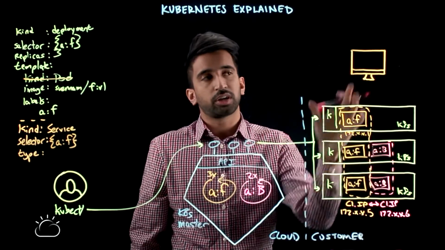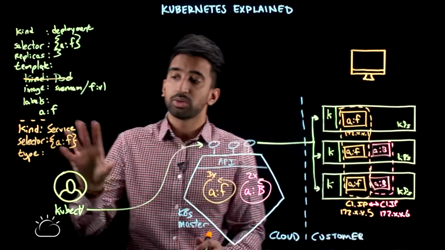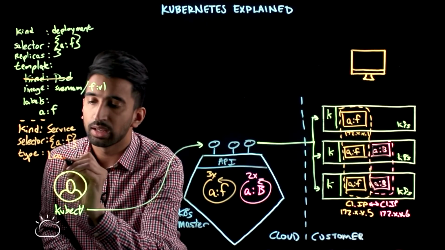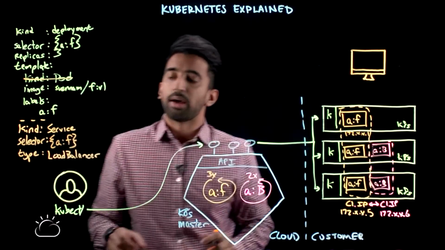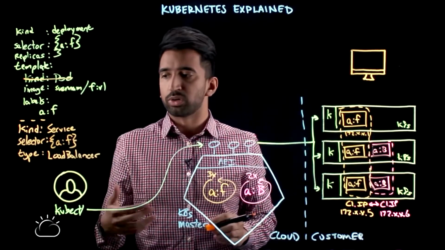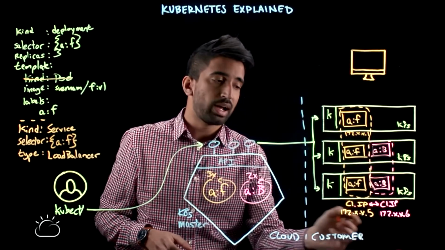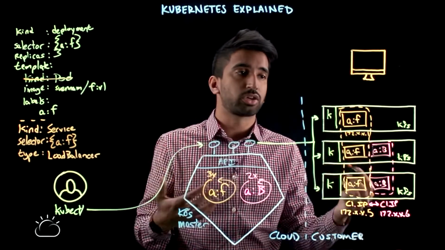How about when we want to start exposing our front end to our end users? To do that, what we'll need to do is define a type of this service. And what we want is a load balancer. There's actually other ways to expose, like node ports as well. But a load balancer, essentially what it's going to do, where this is internal to the actual Kubernetes worker nodes, we can create an external IP now.